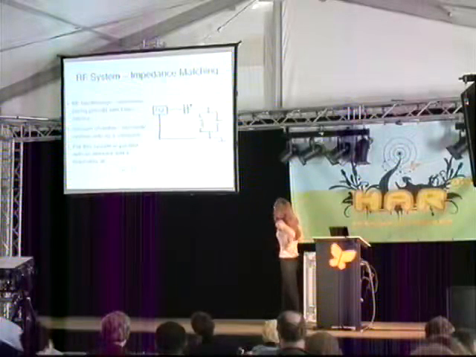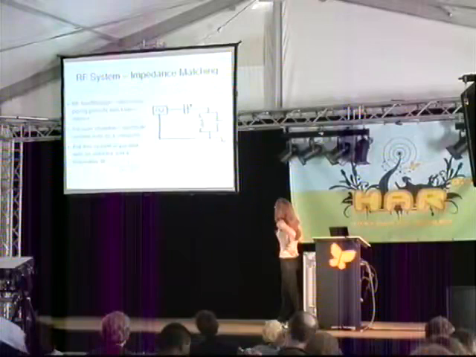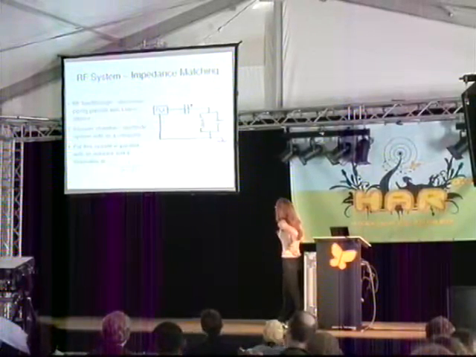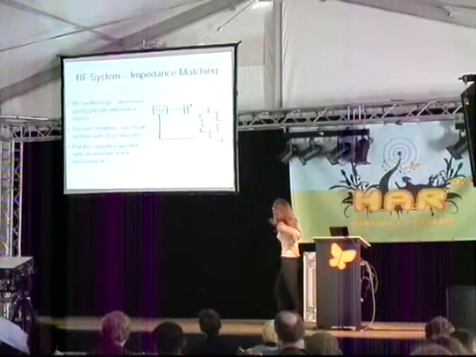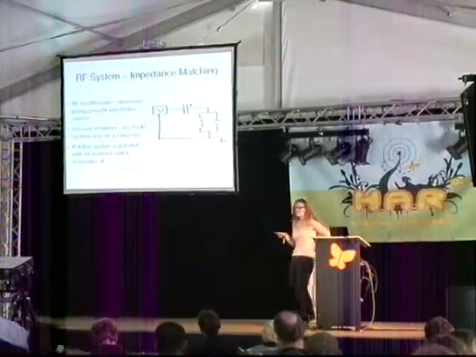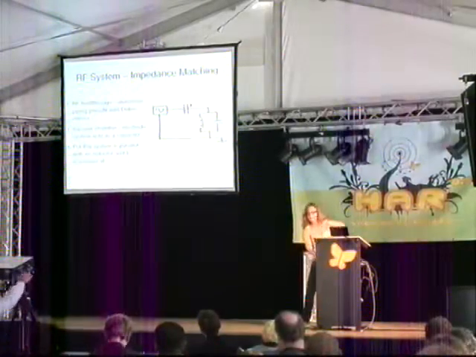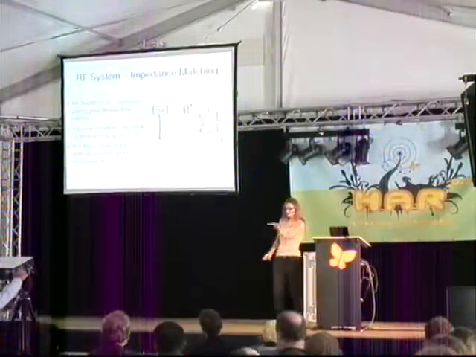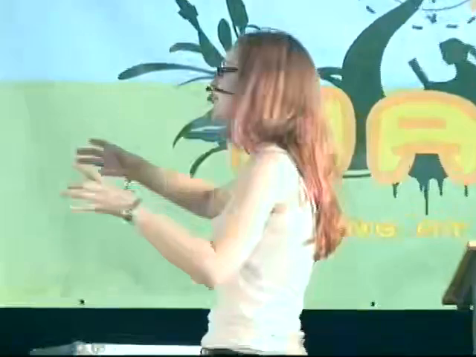Now, impedance matching is important. The vacuum chamber and electrode system acts as a capacitor, which makes sense. You have something at one voltage, something a short distance away from it at another voltage. So it's a capacitor, albeit a big, funny-shaped, spread-out capacitor.